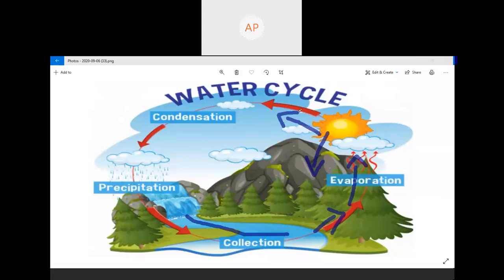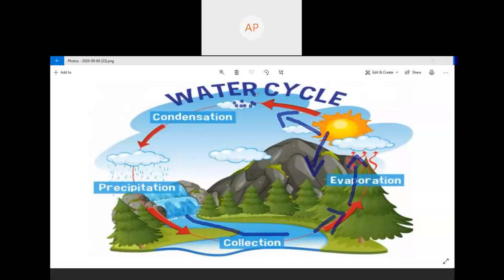At high altitude, that is at a height very far from the ground level, the air will be very cool. So what happens? There the cooling happens. I mean the air is cool there. So the water vapor is converted into clouds.